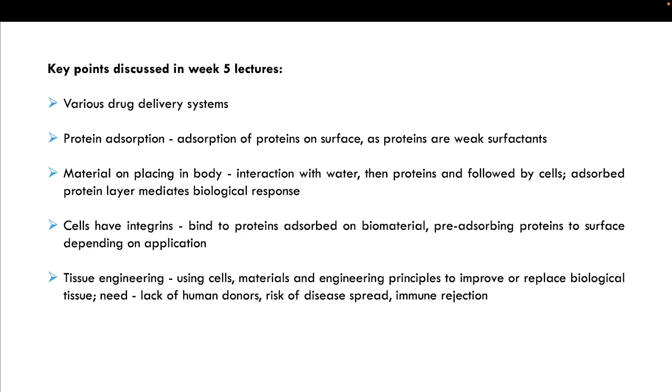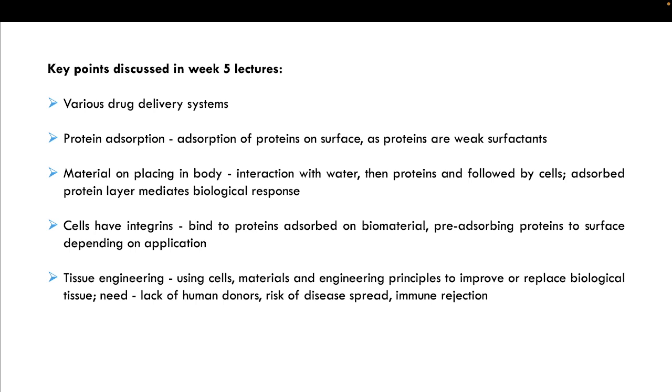Because right now, the way of transplanting is still there, where you have human donors, the appropriate organ is extracted from these donors, and then it is implanted into the patient's body.